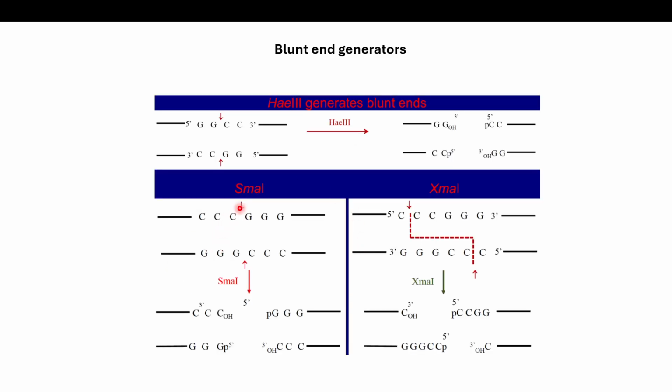That's what we saw here. SmaI recognizes the sequence CCCGGG but cuts at a symmetrical site, thereby creating blunt-ended DNA, whereas XmaI cuts at an unsymmetrical site, thereby creating sticky-ended DNA fragments. So SmaI and XmaI are neoschizomers.